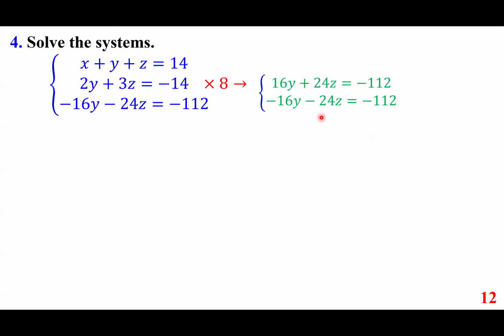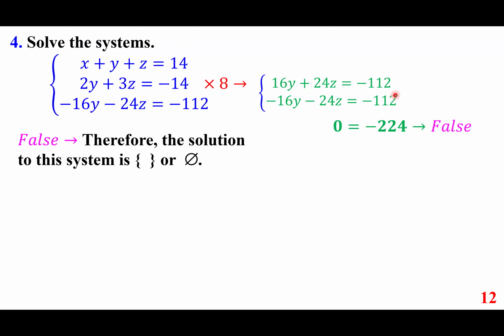The third one, you just write it just the way it is. You don't do anything. And these two cancel each other, right? These two, 0. And this adds up to negative 224. It's a false statement. That means what? There is no solution. It's an inconsistent system.